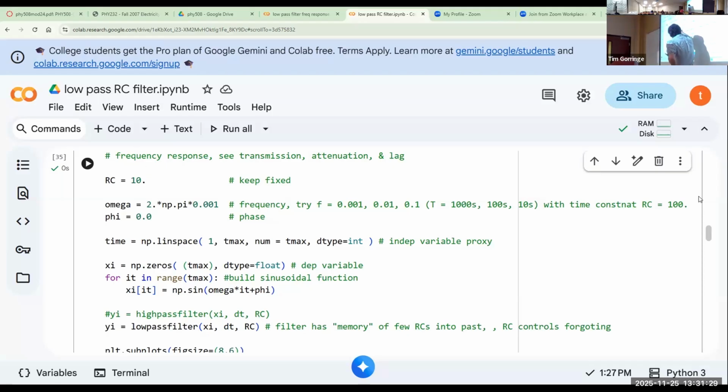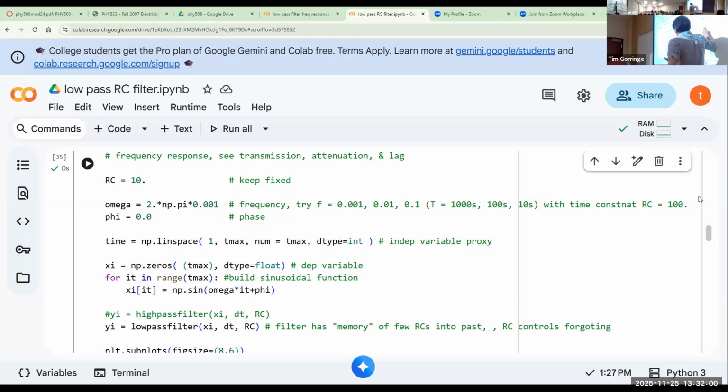I'm going to instead try a sinusoidal signal, and I'm going to change its frequency. So this number here corresponds to a frequency of 1 millihertz. And I'm going to increase that 1 millihertz up to 0.1 hertz, so 100 millihertz, to expand that space.